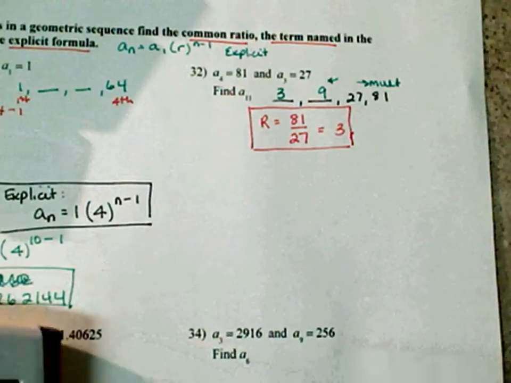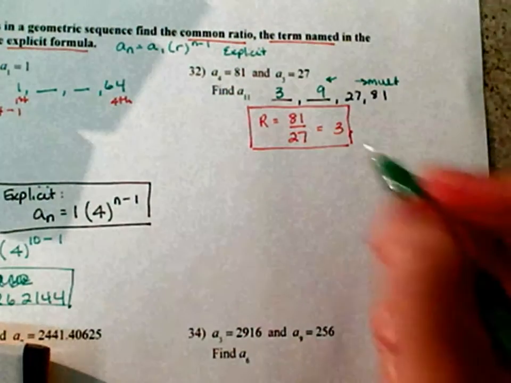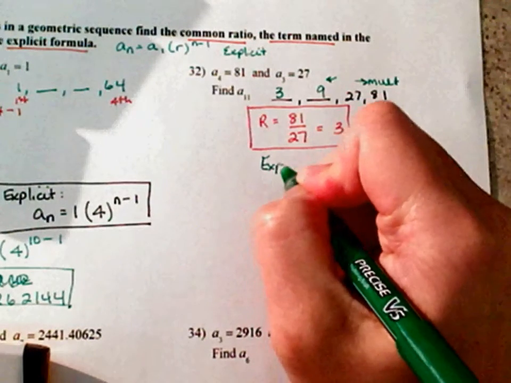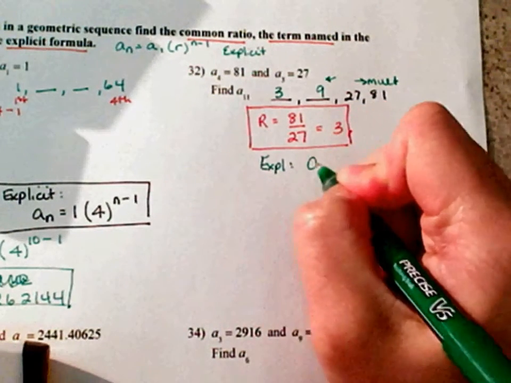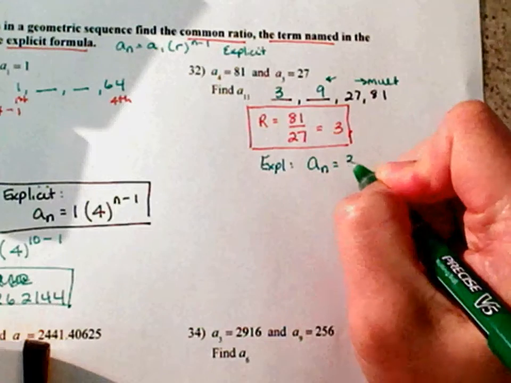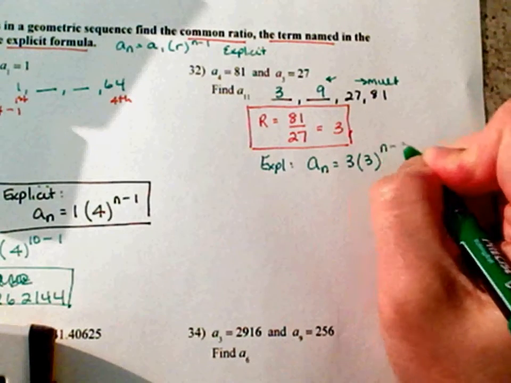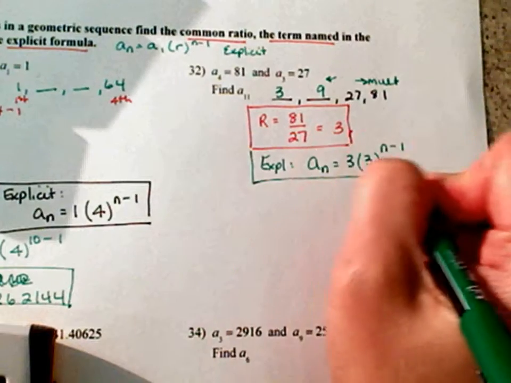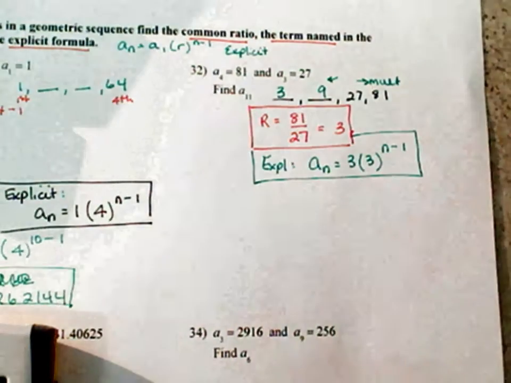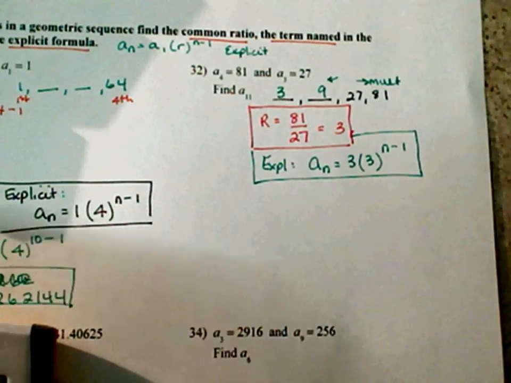Knowing your first term, you can now find your explicit formula. So what is your explicit formula going to look like? a_n is equal to your first term, which is 3, times your r, which is also 3, to the n minus 1. Then it says, go find me my 11th term.